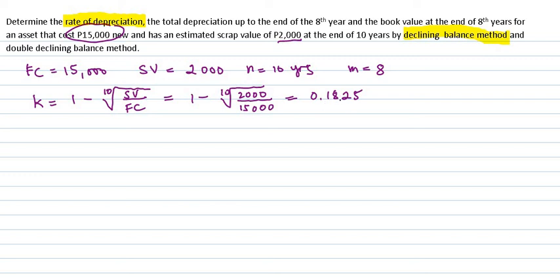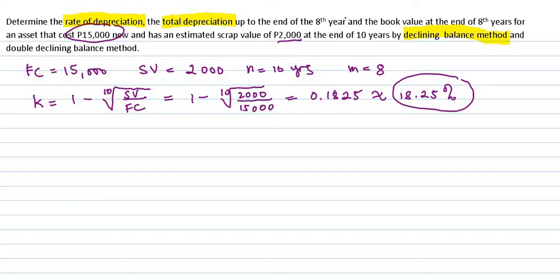So 0.1825, or that is equivalent to 18.25%. So that is the rate of depreciation. So we have this one as our rate of depreciation, and then this time the total depreciation. So we will solve the total depreciation up to the 8th year, and then the book value.